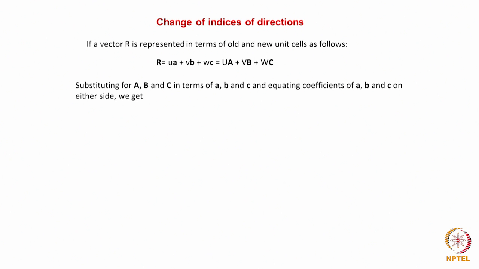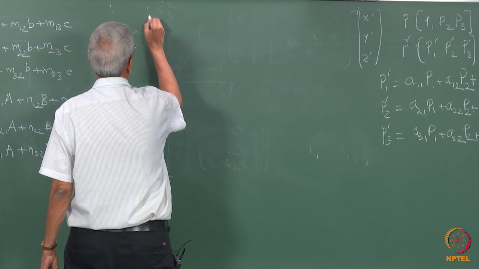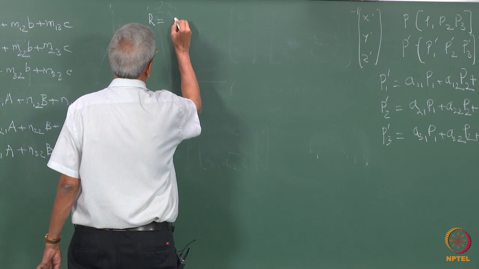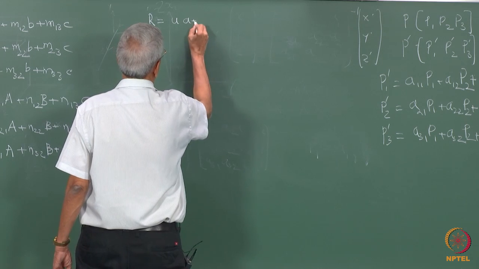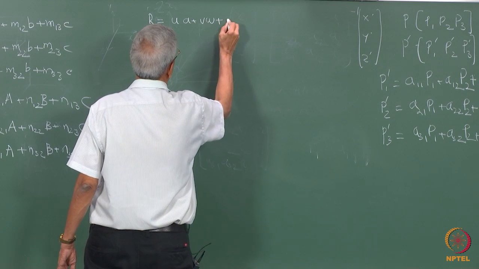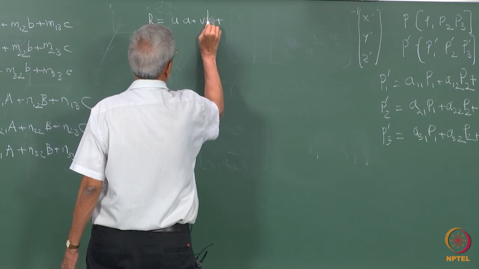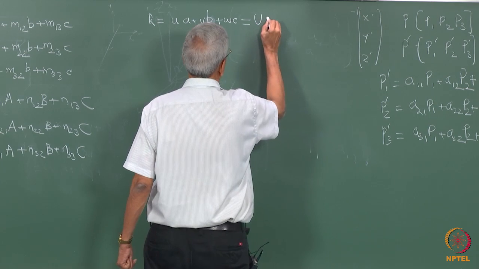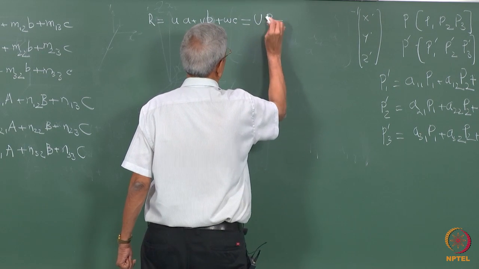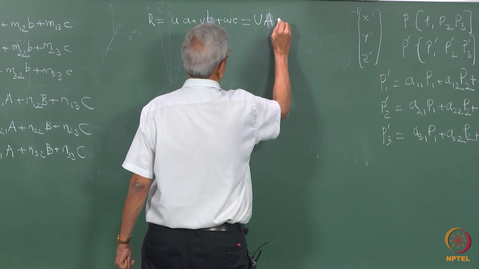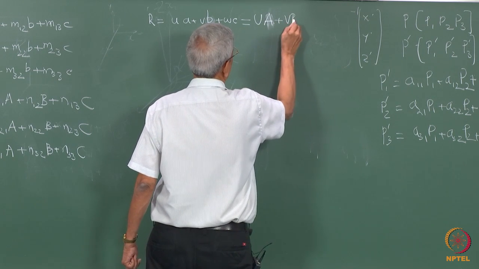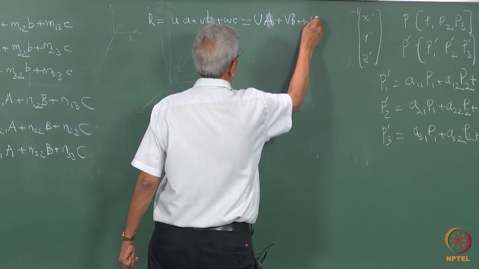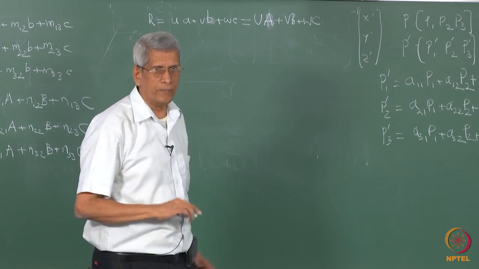Suppose in the old coordinate system we represent that vector R is equal to u into a plus v into b plus w into c. In the new coordinate system, it's all capital letters: U into A plus V into B plus W into C, correct?